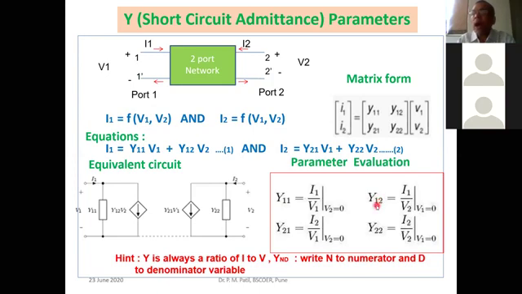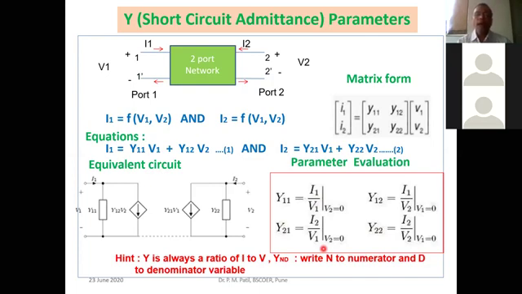Y12 equal to I1 upon V2 at V1 equal to 0. Y21 equal to I2 upon V1 at V2 equal to 0. And Y22 equal to I2 upon V2 at V1 equal to 0. So from this you can easily find the Y parameters.